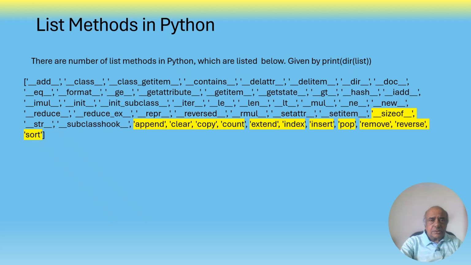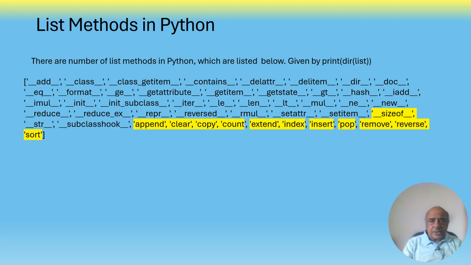Let us start. These are the number of methods that are available in Python. We can find out what methods are available for any kind of Python object by giving print dir and the name of the object we want to know the methods of, in this case list.